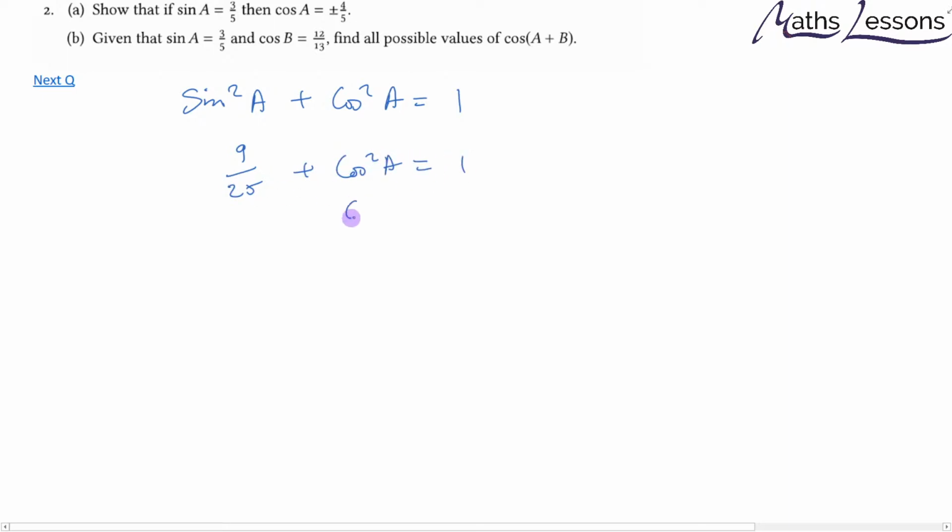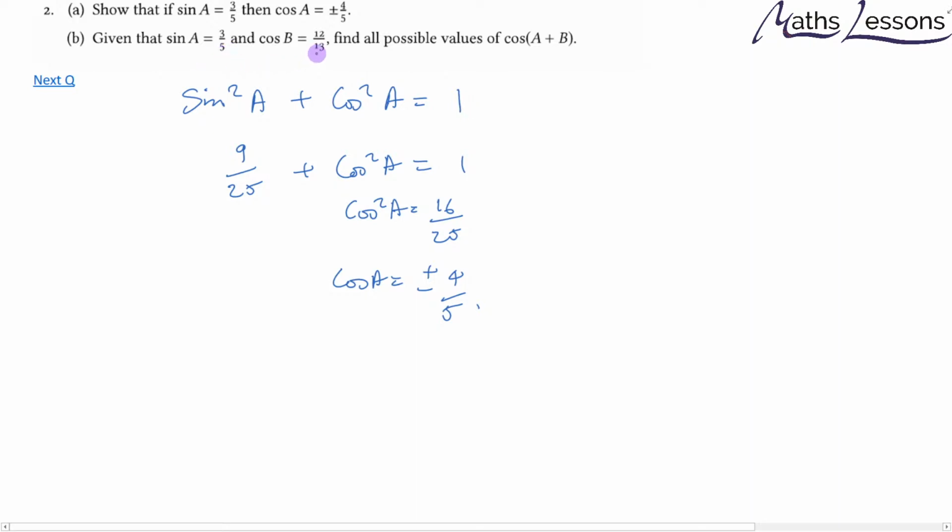So take that away, we get cos squared of A equals 9 off 25 gives us 16/25. So therefore cos A equals plus or minus 4/5.